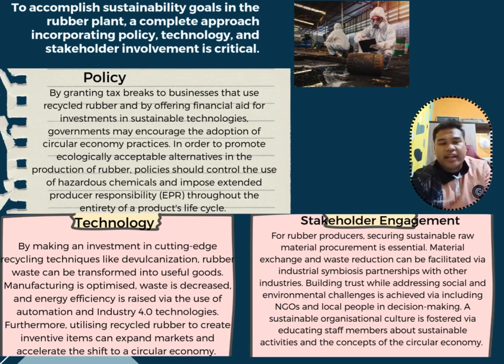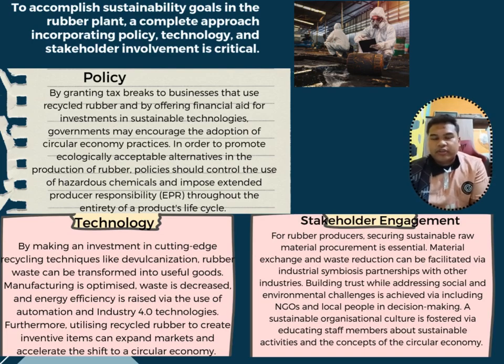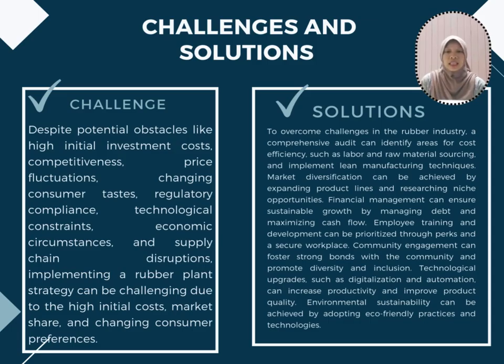Building trust while addressing social and environmental challenges is achieved via including NGOs and local people in decision making. A sustainable organizational culture is fostered via educating staff members about sustainable activities and the concept of the circular economy. These are the challenges and solutions for the rubber factory.